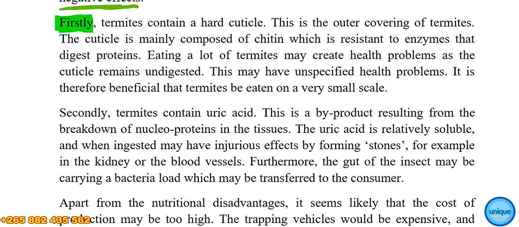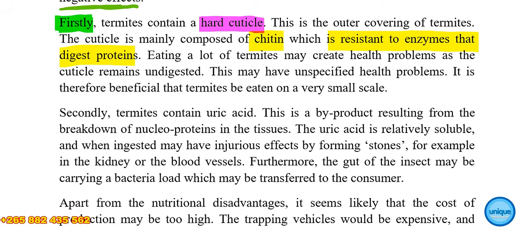So pa first paragraph na kuti second paragraph na kuti first, termites contain hard article. So zakuti this is our main point in this paragraph. Now nakuti this is outer covering of termites. This cuticle is mainly composed of chitin, which is resistant to enzyme. Nekuti adawa kufunika awa. Komanso point imena kuti resistance to enzymes that digest proteins is also a point.